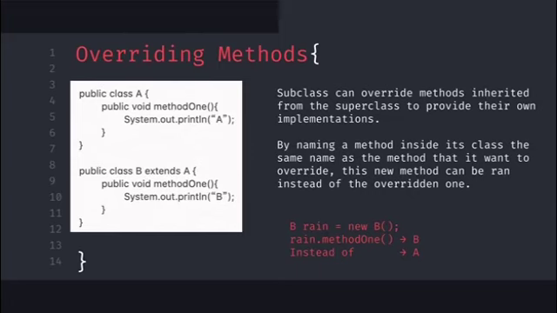So for example, class B is the subclass of class A. If an object called rain, which is my name, of class B is created, and method 1 in the example is called, instead of returning A as an object of class A would when method 1 is called, B will actually be printed instead of A, as the method has been overridden. So when a class B object calls method1, it prints B instead of A.